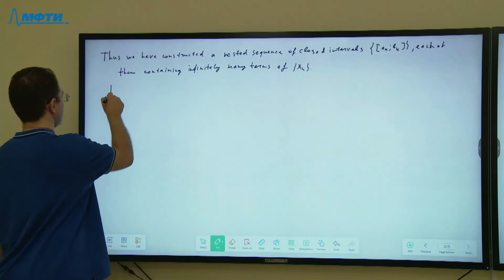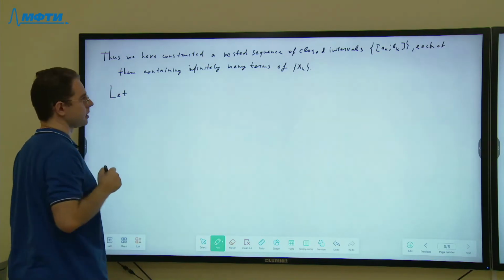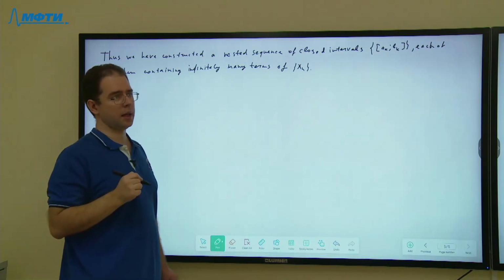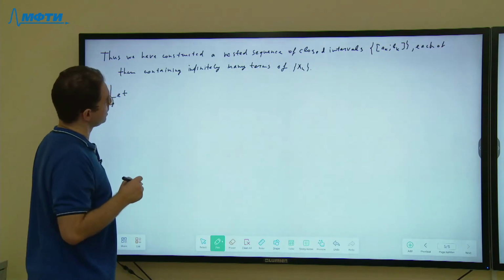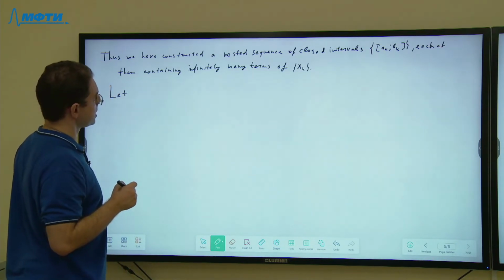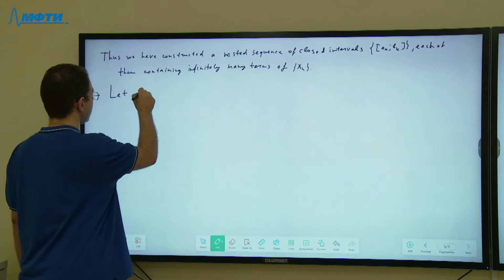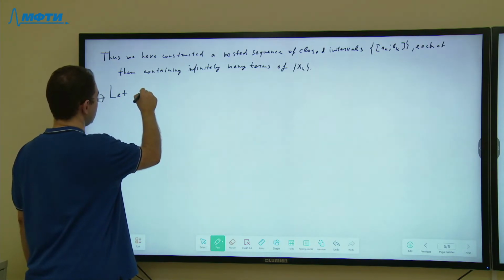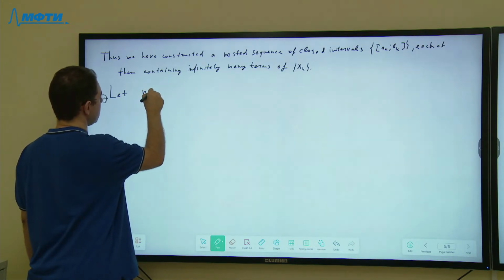Now, let's construct a subsequence. Let n1 equal 1.